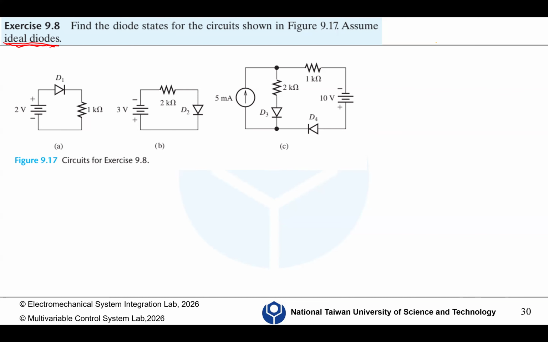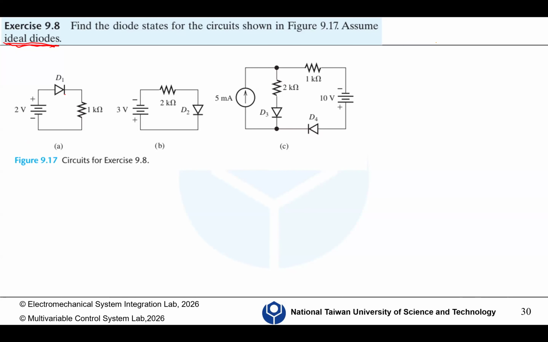So for ideal diodes, just like what we solved in the previous slides, let's look at A. A is simple because it just has one diode, right?